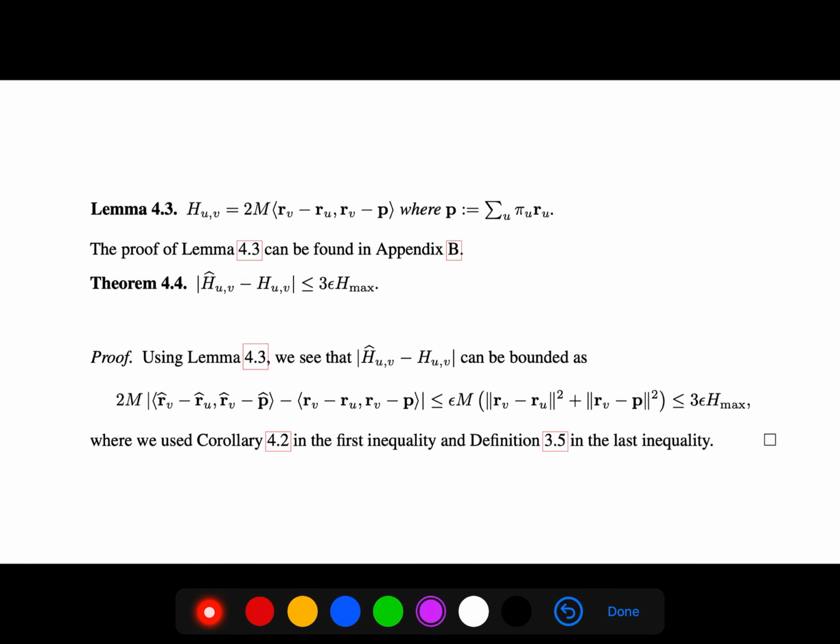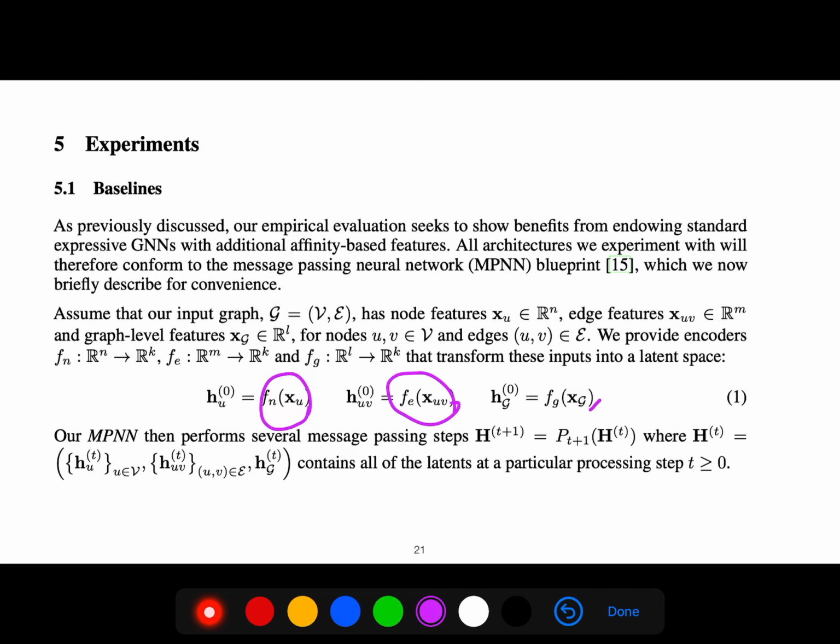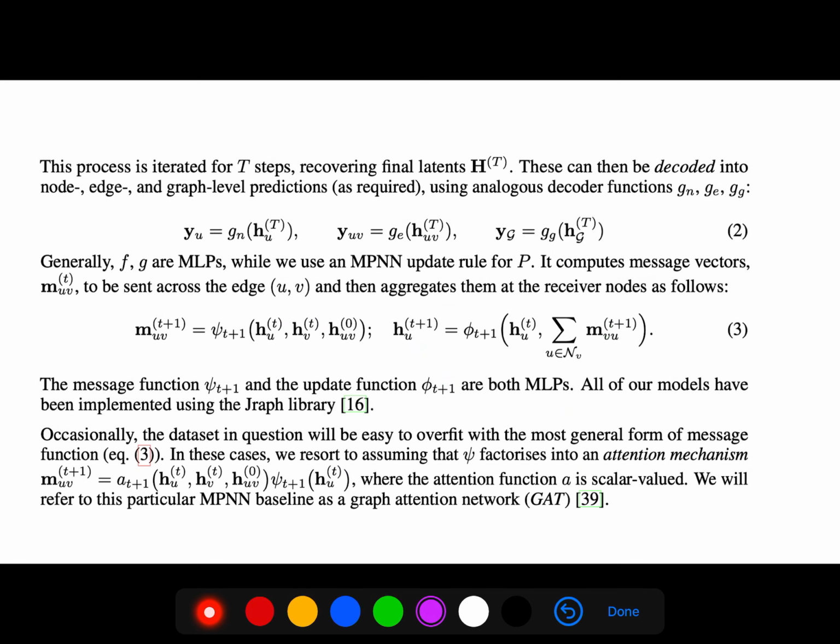We provide encoders F sub n, F sub e, and F sub g that transform the inputs into a latent space. Our message passing neural network then performs several message passing steps, updating all of the latents at a particular processing step. This process is iterated for T steps, recovering final latents.